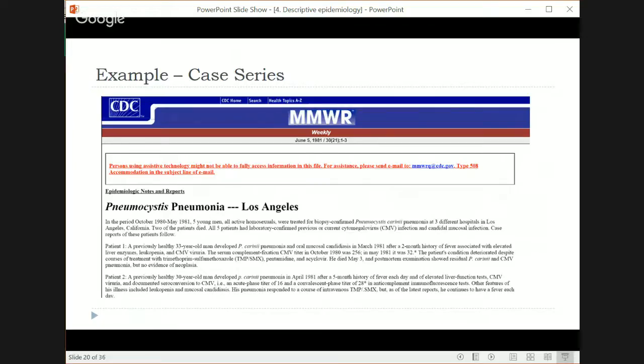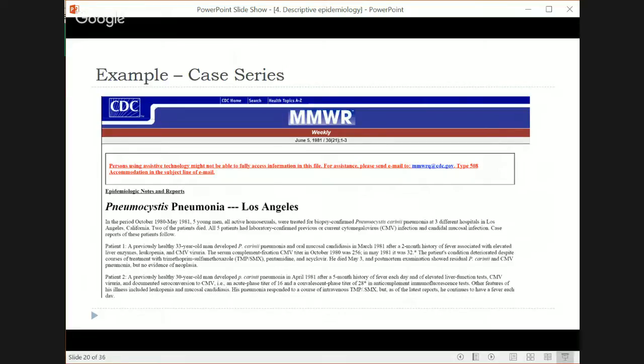And then they go through a case report of all 5 patients, talking about what patient 1 has, what patient 2 has, what patient 3 has. Now, at this point in time, when this case series is published, no one knows anything about HIV or about the AIDS epidemic. So this case series is just reporting on a cluster of really unusual cases because these were 5 young men, right?